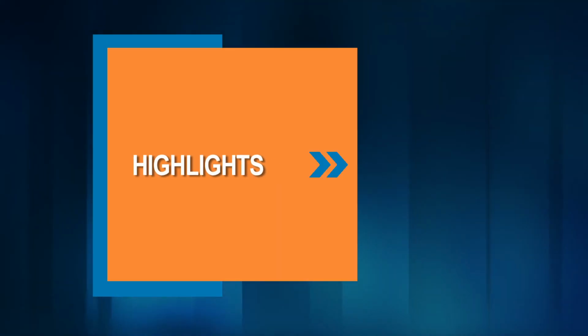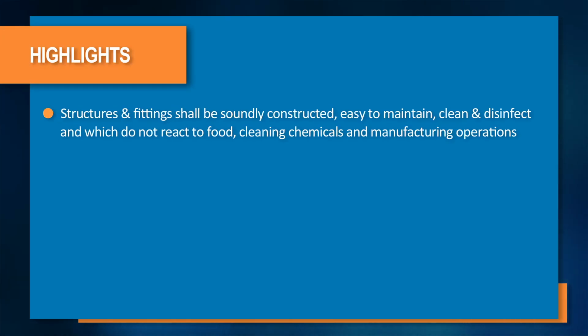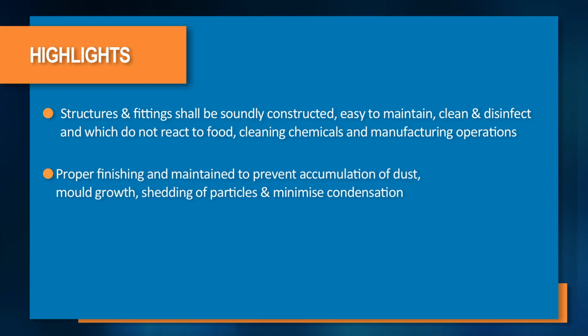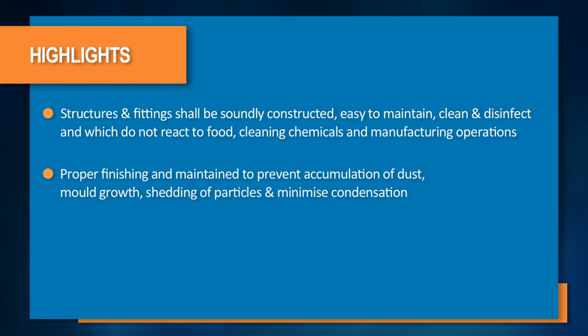Thus, the main points discussed in this video are: the structures and fittings in the establishment shall be soundly constructed, easy to maintain, clean and disinfect, and which do not react to food, cleaning chemicals and manufacturing operations. They should have proper finishing and maintained to prevent the accumulation of dust, mold growth, shedding of particles and minimize condensation.